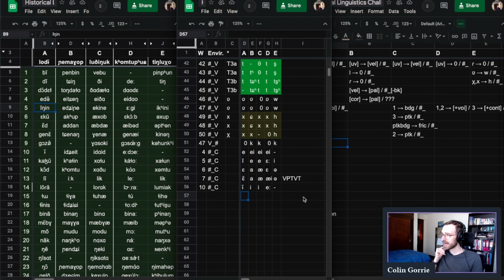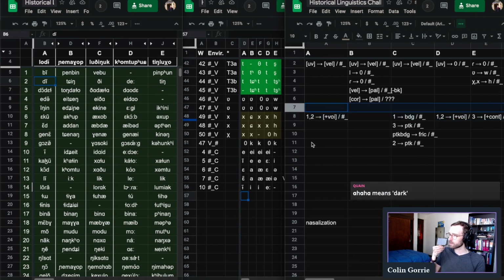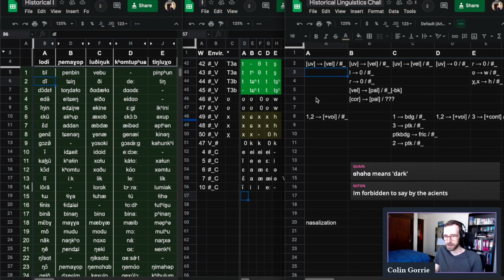I think what we can do is say that we can write the nasalization rule, I think, for B. Or, well, no, we can write a nasalization rule for A. Sutton, have the ancients forbidden you from saying? These ancients, I tell you, always getting in the way.